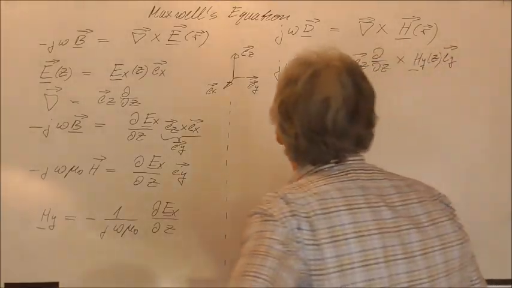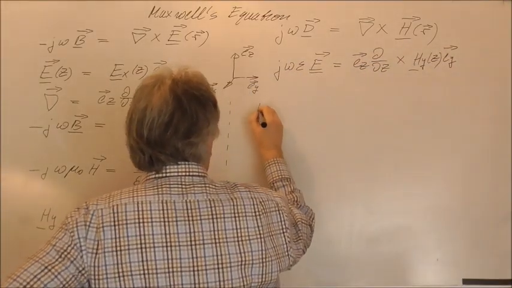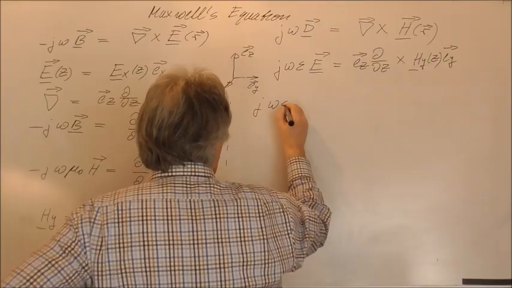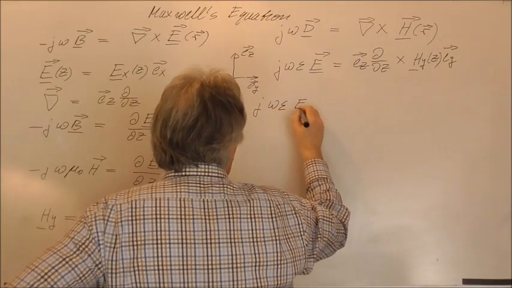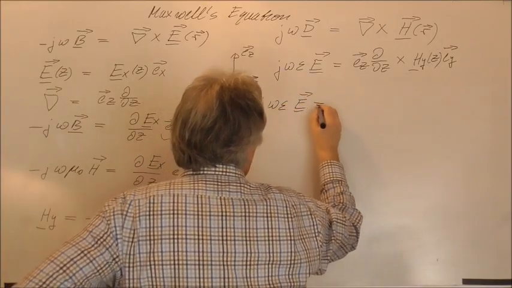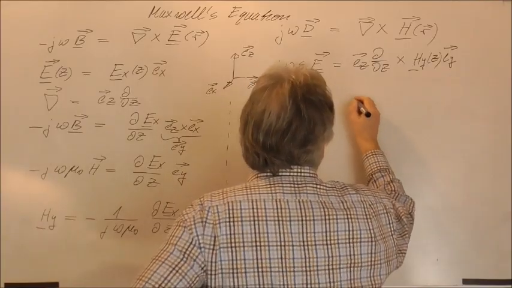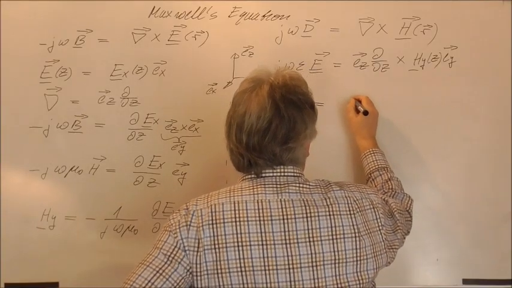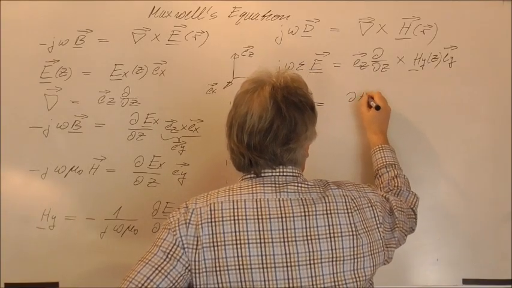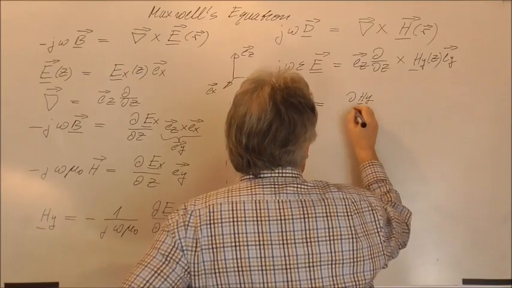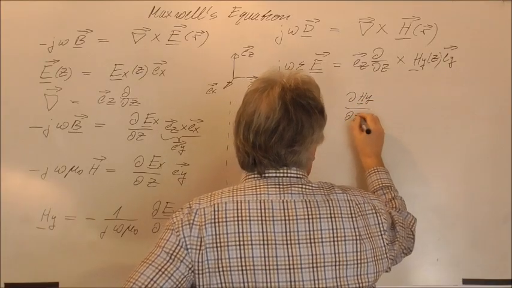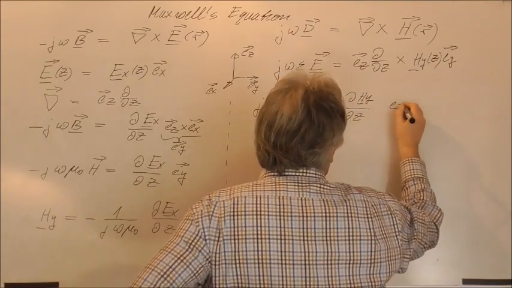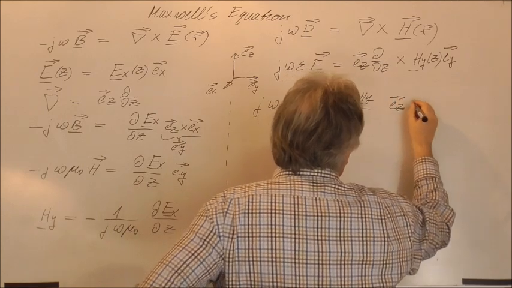So for the electric field we will get j omega E will be then the derivation of the function Hy with respect to z, and here we have Ez cross Ey.